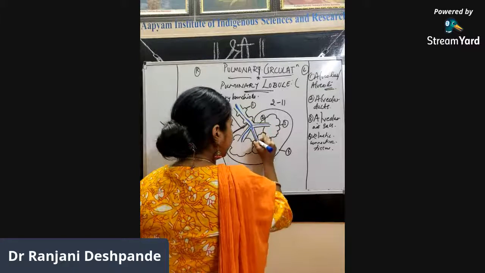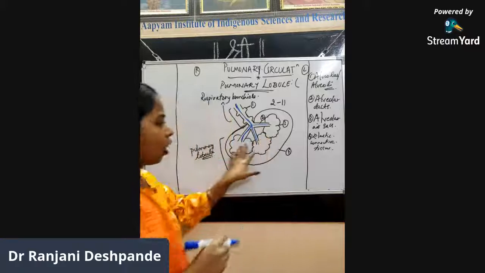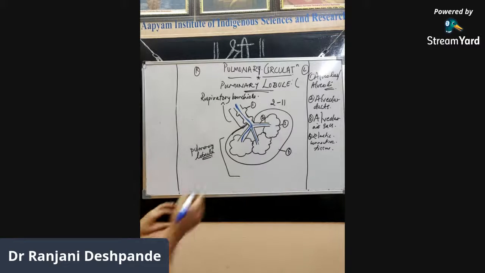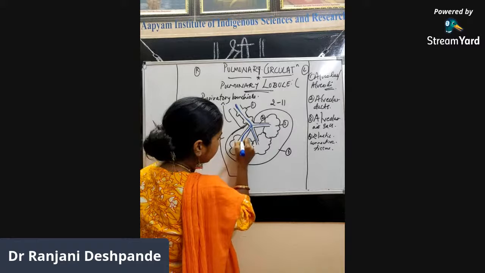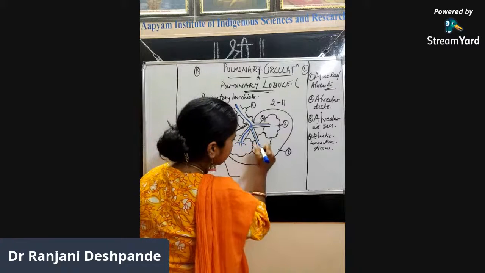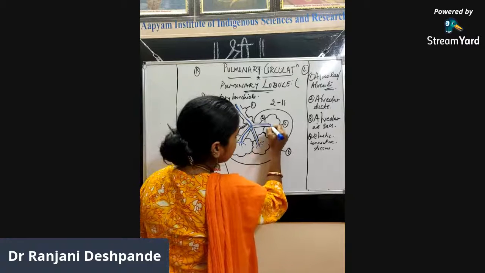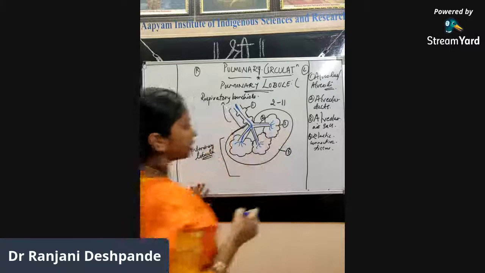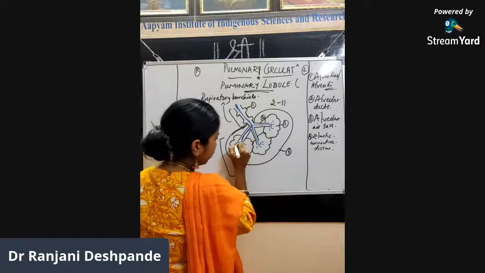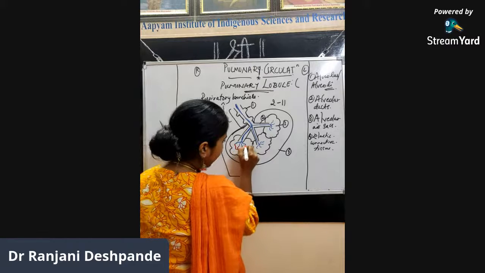It will divide into 3 or however many alveolar ducts are present. Once it divides further, it divides into arterioles and then capillaries, the pulmonary arterial capillaries.